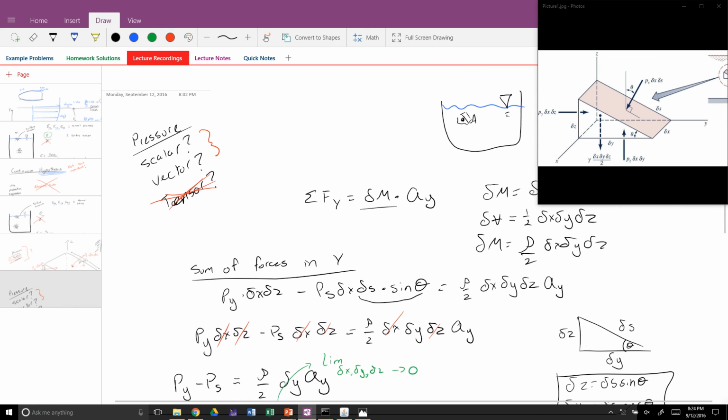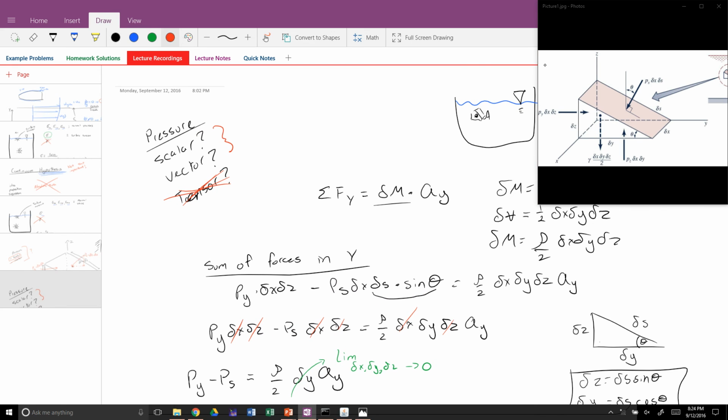Well, this pretty much rules out the possibility that pressure is a vector. Because if it were, unless it's a freak occurrence where we specify some angle theta, these two pressures would not necessarily be the same.